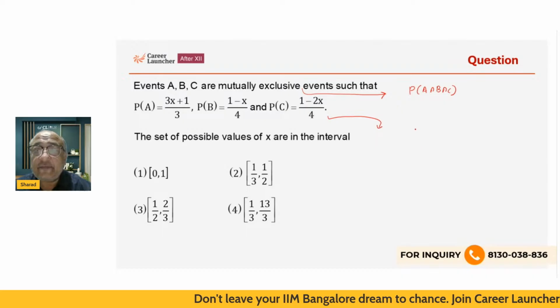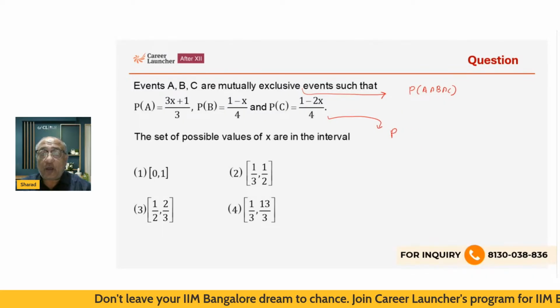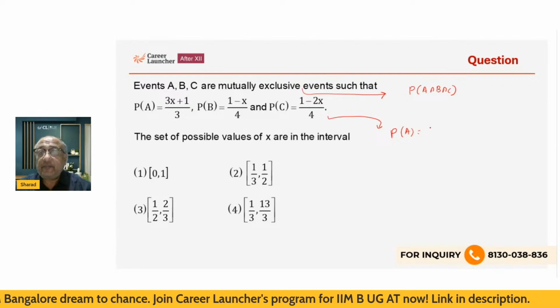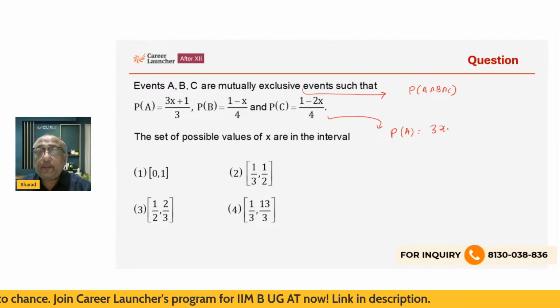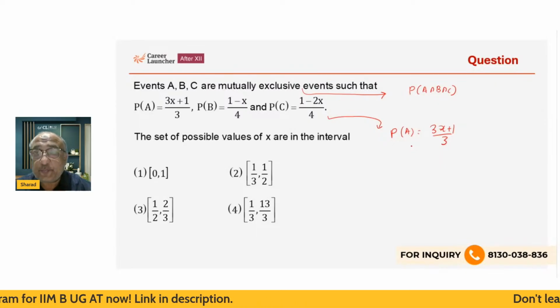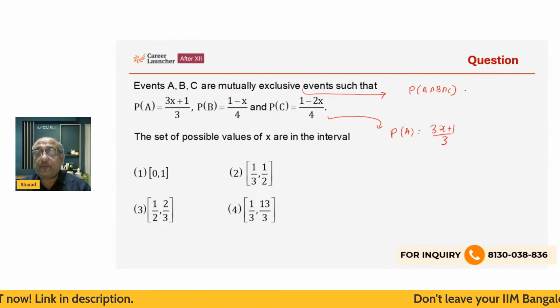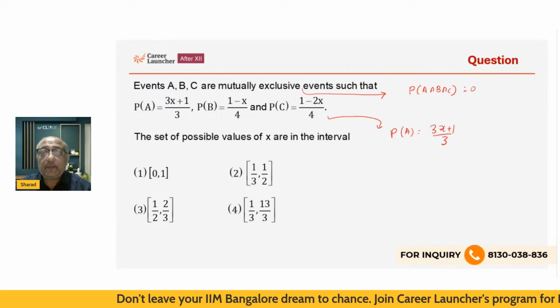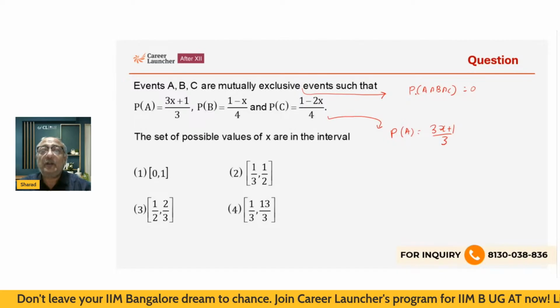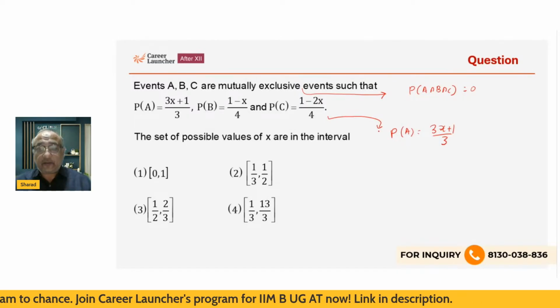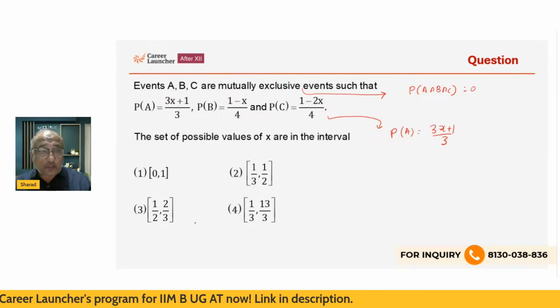First, probability of A is given to us as 3x plus 1 by 3. First of all, note that mutually exclusive events means, if one event is happening, the other event will surely not occur.